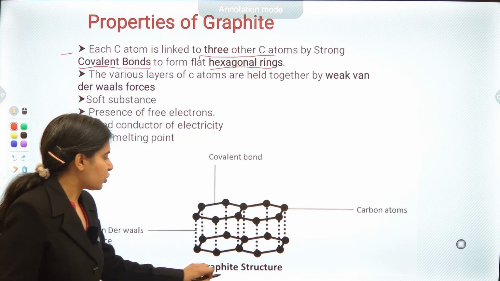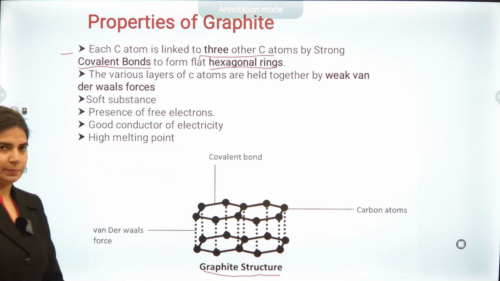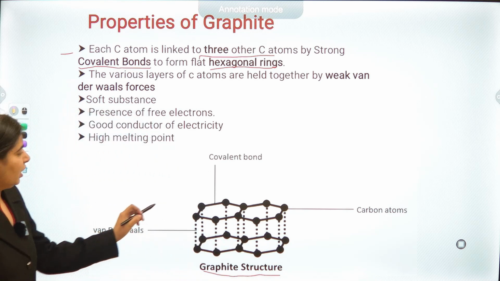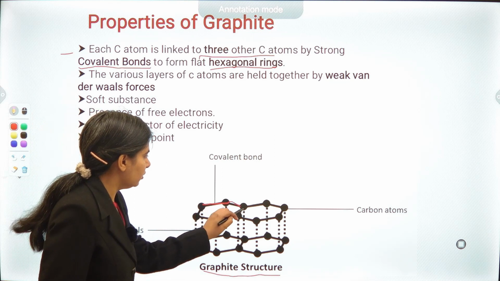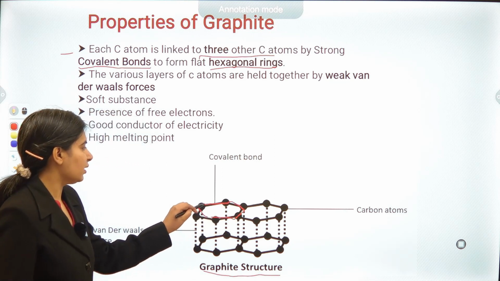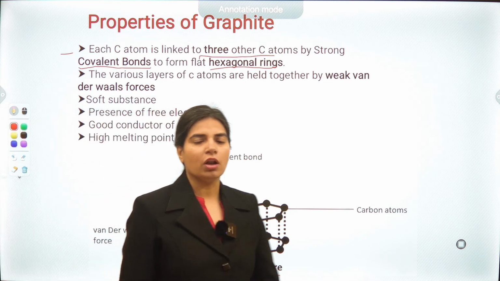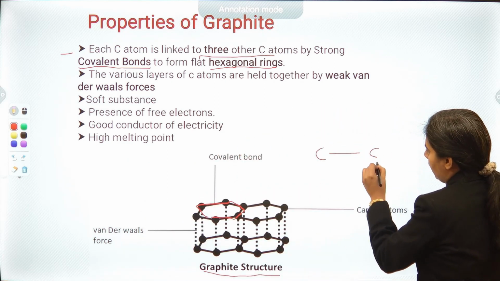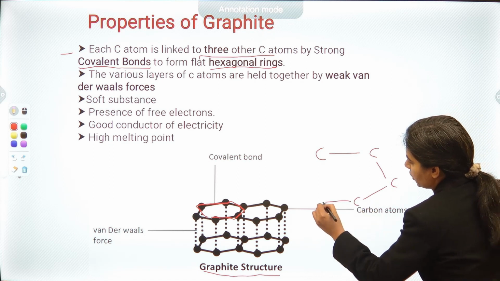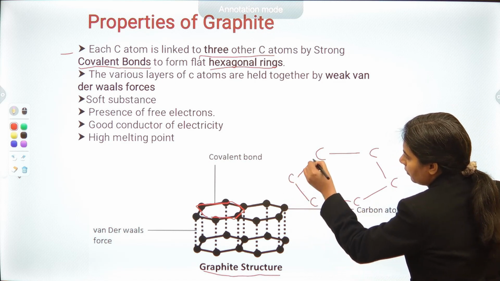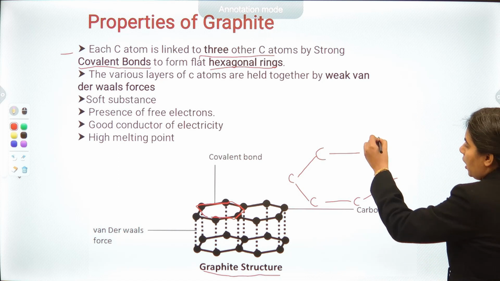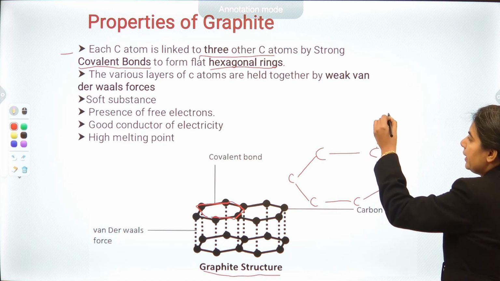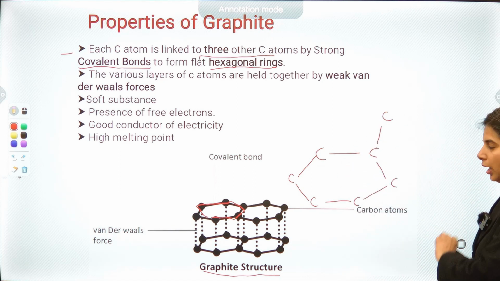Say this is the structure of graphite and this is the hexagon. What is a hexagon? Where there is involvement of 6 carbons, arranged in that pattern, and each carbon is linked with 3 other carbons.